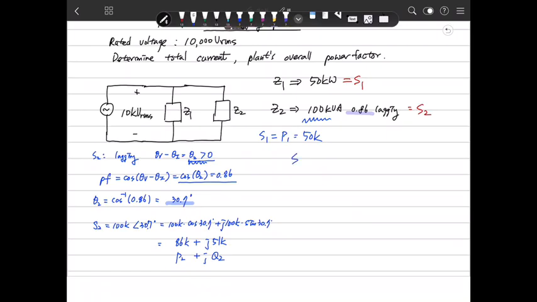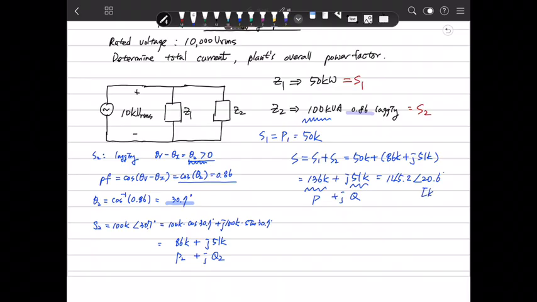So the total composite power is S1 plus S2. So 50 kilo plus 86 kilo plus j 51 kilo. So it will be 136 kilo plus j 51 kilo. This is P, and this is Q. So that can be represented in polar form: 145.2 and angle is 20.6 degrees.